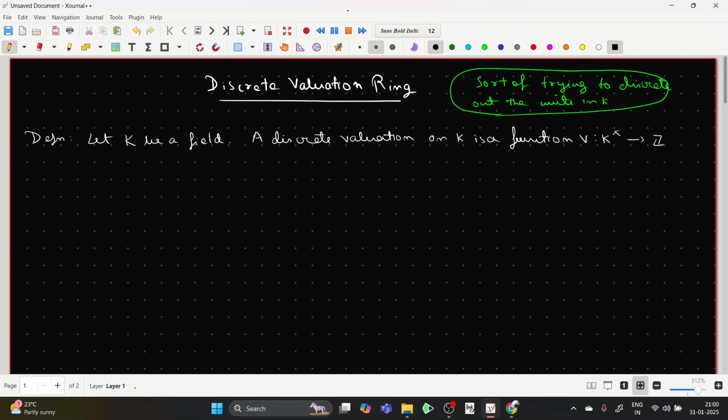So we are evaluating the units in K discretely. That's why the name suggests, so it's a discrete valuation ring. Okay, fine.